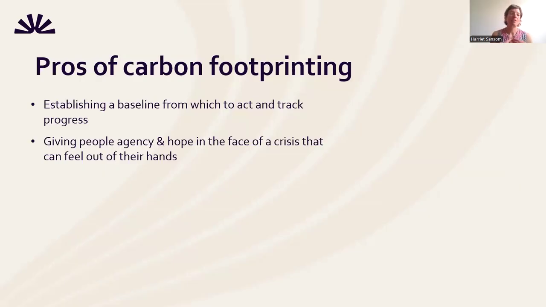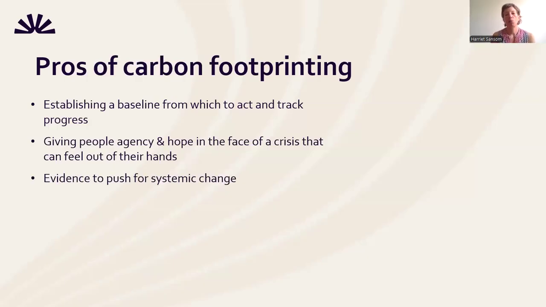It gives people a sense of agency and hope, if you're able to understand that through making these different changes within our community or as an individual, I'm able to reduce my carbon impact. And that's particularly important when we're thinking about climate change, which is a very huge issue, and people can feel very disempowered in the face of it.